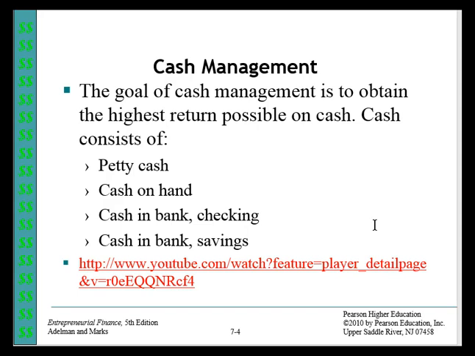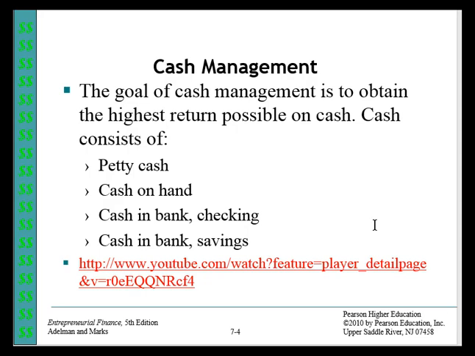So the goal of cash management is to try to get the highest possible return that we can on cash. Now, cash by itself doesn't earn any return. So we have petty cash, cash on hand, and cash in the bank, like in a checking account. Typically, especially for a person, these things don't earn any return. However, sometimes checking can earn a bit of a return. Savings can earn a bit of return.